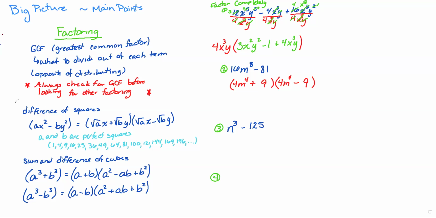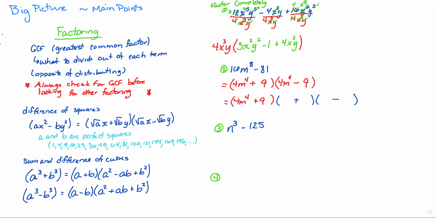So I do actually have to factor that second one. It is still a difference of squares. So the first one is going to stick out. So that is going to be a 4m to the 4th plus 9. That one can't change. Then the second one is going to be 2 sets of parentheses, a plus and a minus.